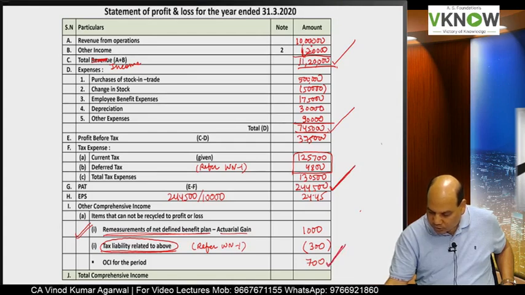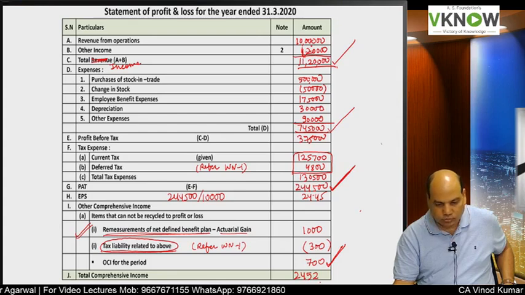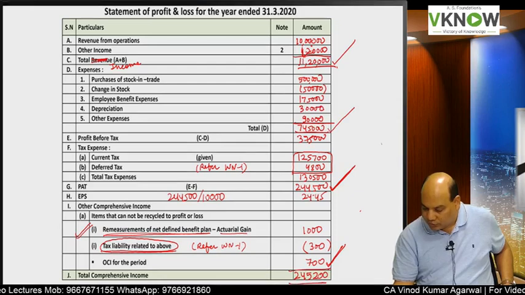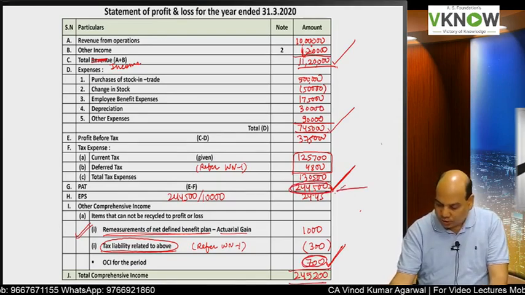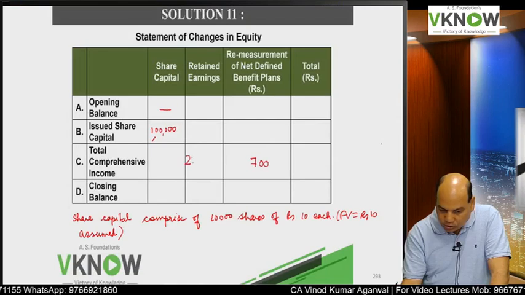Other comprehensive income 700 we have computed. 244,500 plus 700 is 245,200. Okay, 245,200 is your total comprehensive income. This 700 I have already written. 244,500, this you write in SOCI here.